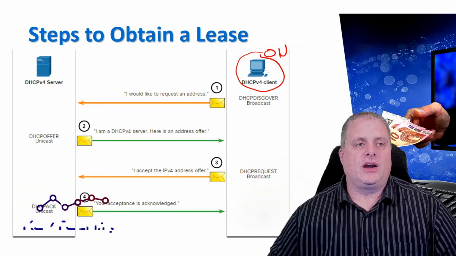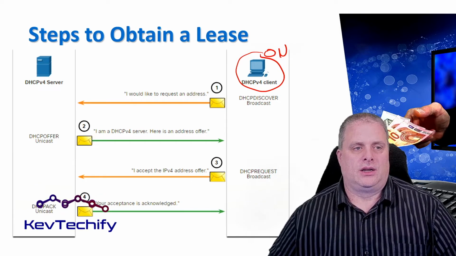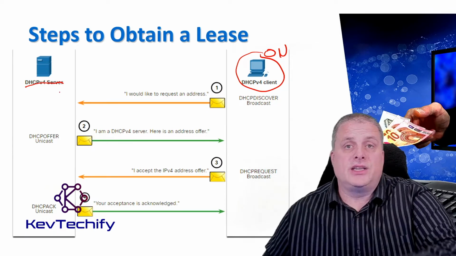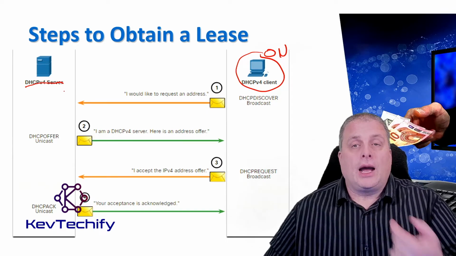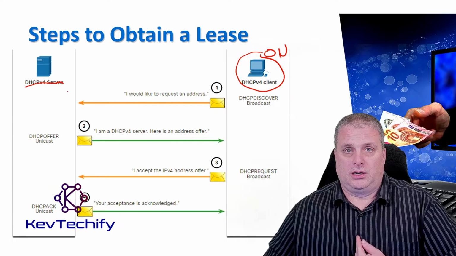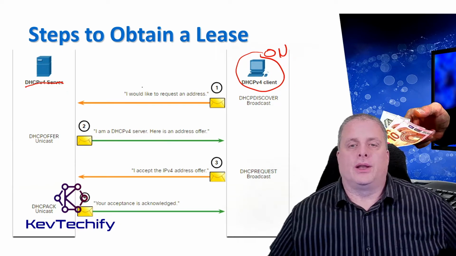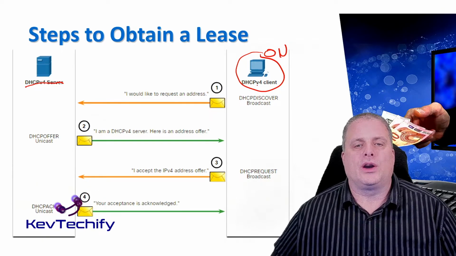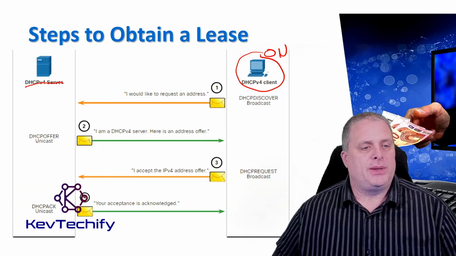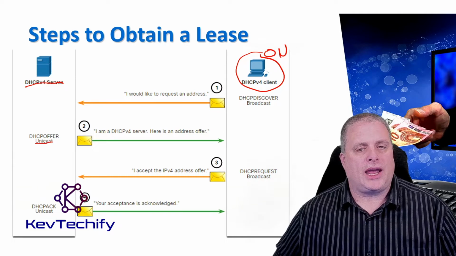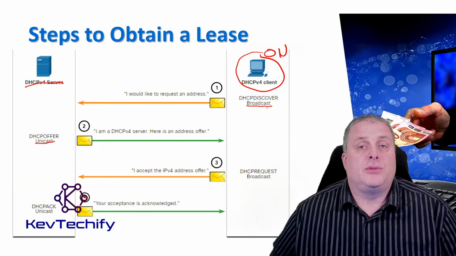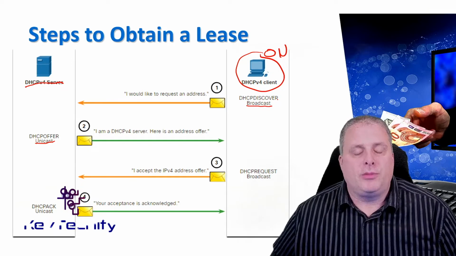The DHCP server over here hears it. We hear that broadcast, and that DHCP server goes, that's a DHCP broadcast. I'm a DHCP server. I'm going to reply back to it. Now, because the DHCP server knows the IP address where it came from, that is a unicast going backwards. So the original discover was a broadcast, because I don't know of any DHCP server, so I'm going to send it to everybody on my network.